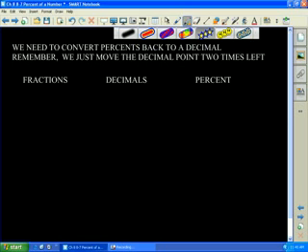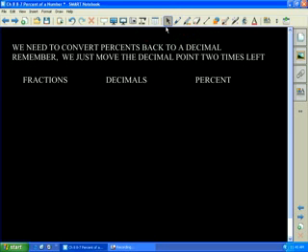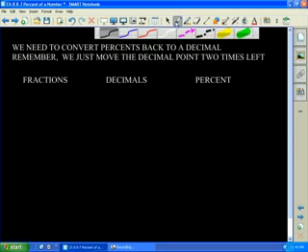So that's one way you can use a model. Something we're going to be using right now is converting from our decimals to percents and percents to decimals. Now, when we originally did this, we would start with a fraction. So I'm going to write in the fraction right now. Let's say 3/4.